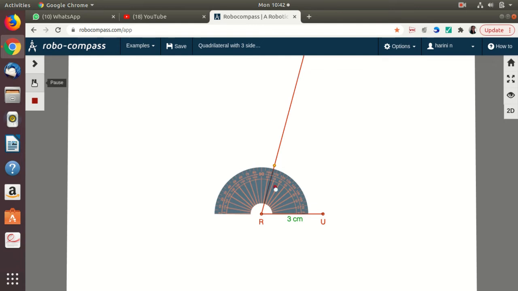The next step should be, you have to again take a radius equal to whatever is the length given for UE. First you mark the 120 degrees at U, then take your compass, take a radius equal to, I think it was given as, I don't remember, I don't have the rough diagram here.